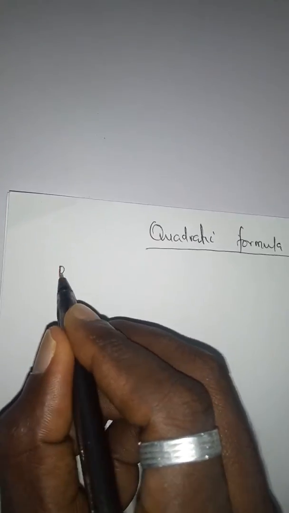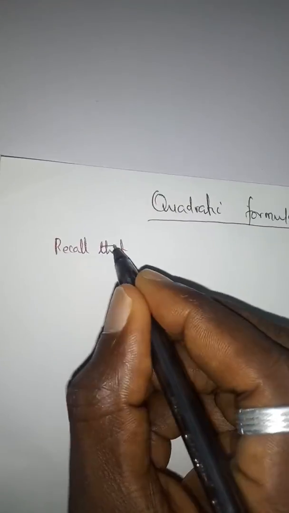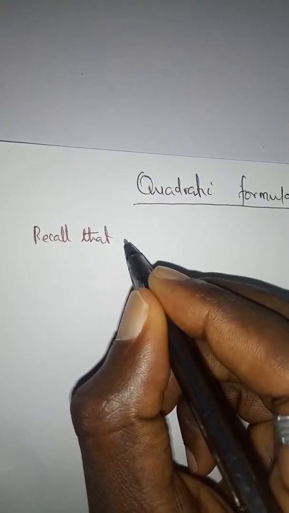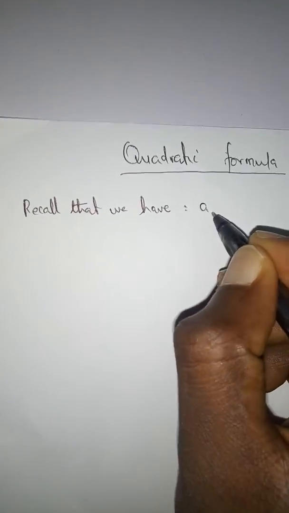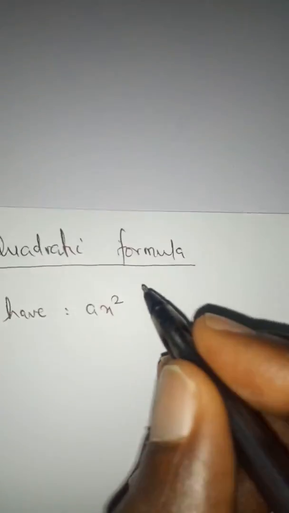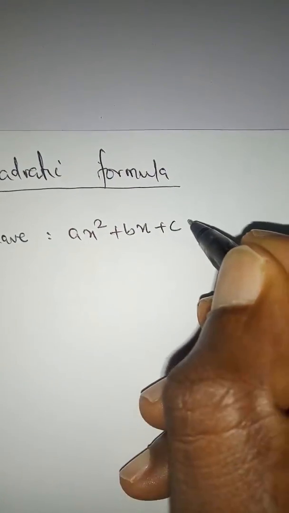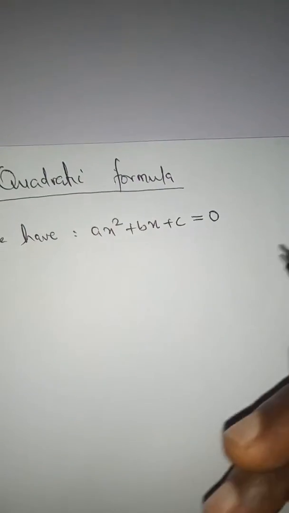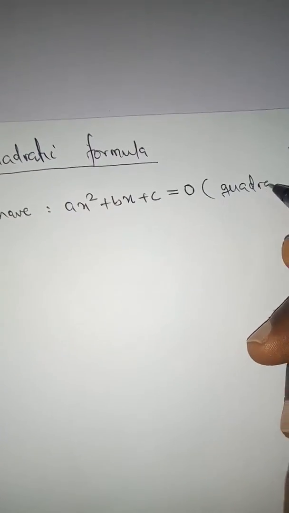Recall that we have the general form of a quadratic equation: ax squared plus bx plus c equals 0. This is the general form of the quadratic equation.